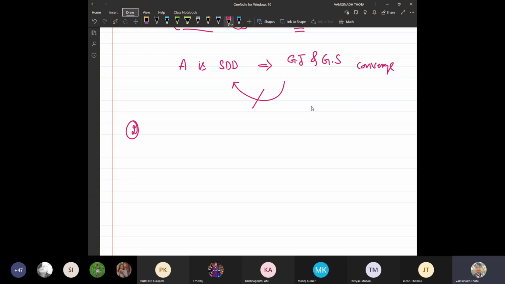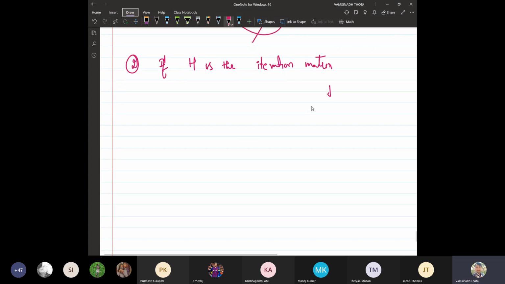Suppose in any method, whether it is the Gauss-Jacobi method or the Gauss-Seidel method, capital H is the iteration matrix. What is the iteration matrix in the Gauss-Jacobi method?